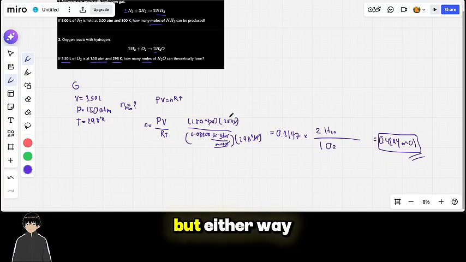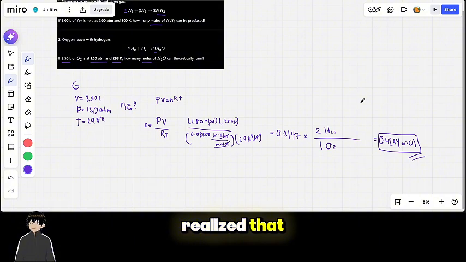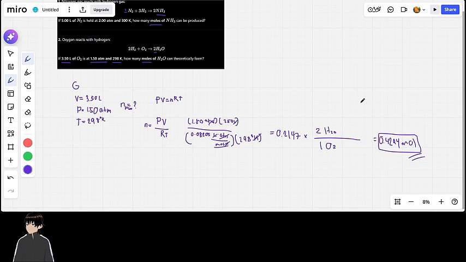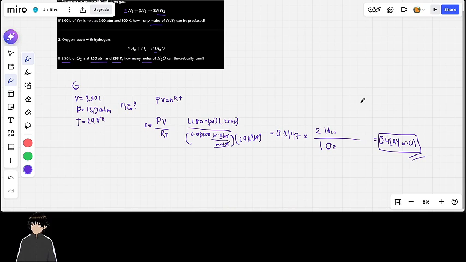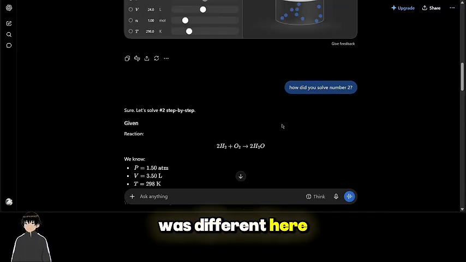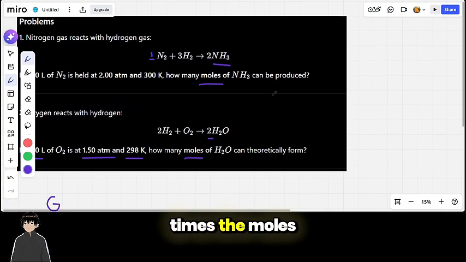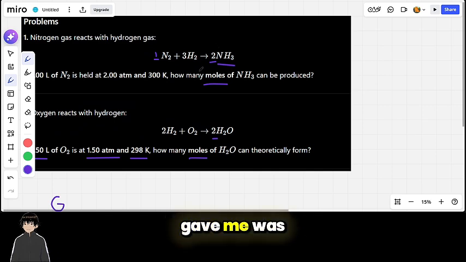We did a lot of going back and forth, and then I realized that ChatGPT doesn't actually know the final answer. That's actually kind of sad. But I don't know why ChatGPT's answer was different here. I had to times the moles that I got by 2 because there's a coefficient 2 here, and the answer that ChatGPT gave me was right.